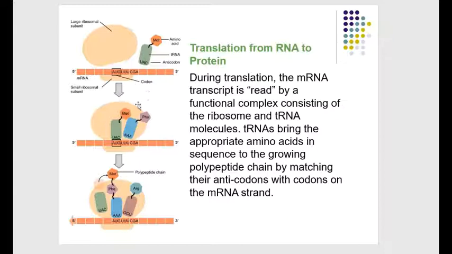The codons are all going to read for a different amino acid, okay? So the AUG is going to, in this case, code for a methionine. You guys don't need to know the specific amino acids, just understand that the mRNA is going to be read by the ribosome in order to make a specific amino acid that will be strung together into a polypeptide strand. Okay, that's a lot of information.